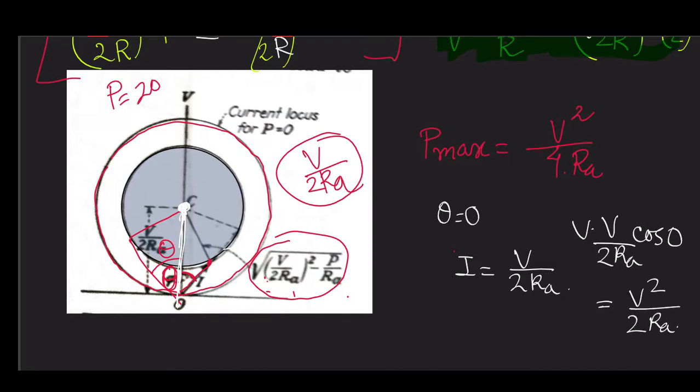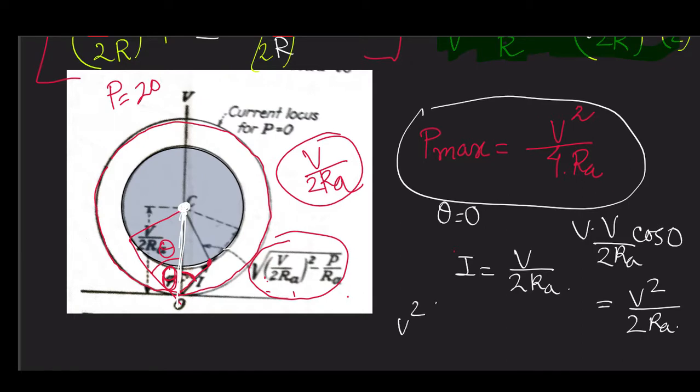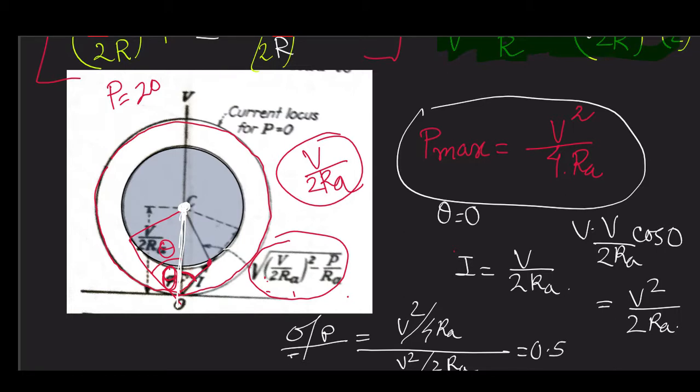So you are giving V square by 2RA and getting the maximum value of V square by 4RA. Now see, V square by 4RA is your output, and your input is V square by 2RA. So what is the efficiency value? That is 50%.